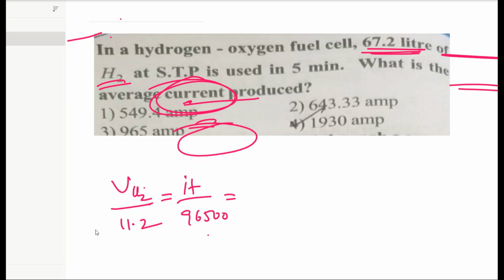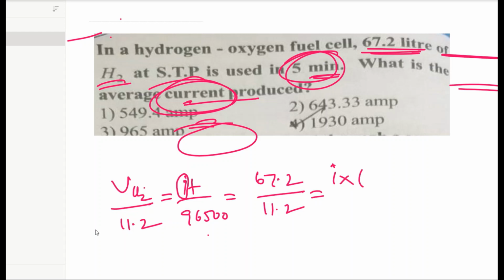67.2 by 11.2 is equal to I into T by 96,500. You have to calculate I, because time is also given. The time is in minutes, so 5 into 60. You have to always convert time into seconds, so don't forget it.